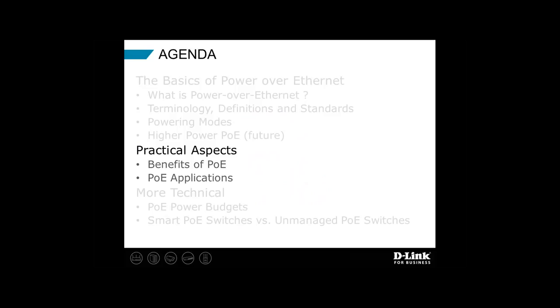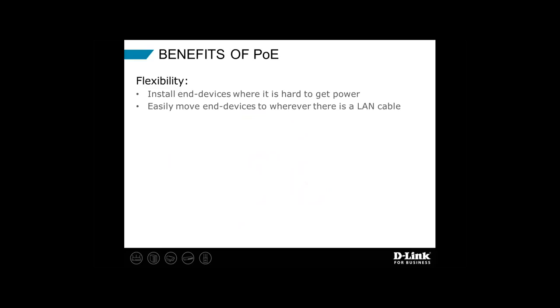I'm going to go into the second section here and talk about the benefits of PoE. As an IT manager, why would I want to deploy power over Ethernet? To me, anyway, it gives you a lot more flexibility. It allows you to install end devices, think about, again, IP cameras or wireless access points, in strategic places where otherwise it might be hard to get AC power.